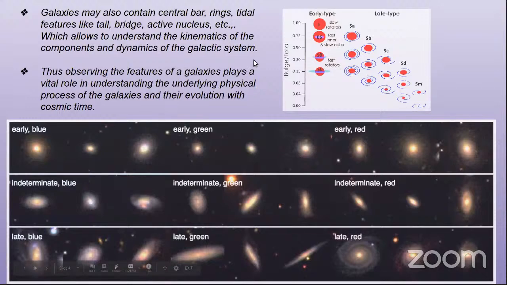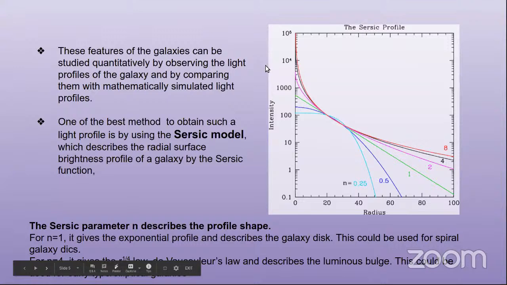So to understand the morphology in a quantitative manner, what we are doing here is we make a mathematical model of what we have observed visually. So here we are making simulated light profiles, and using those light profiles we are making a model, and we subtract the model which we have made from the original image.